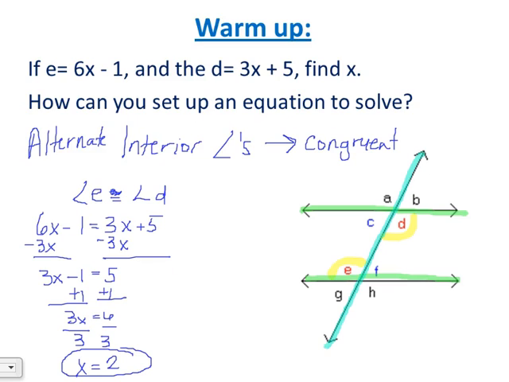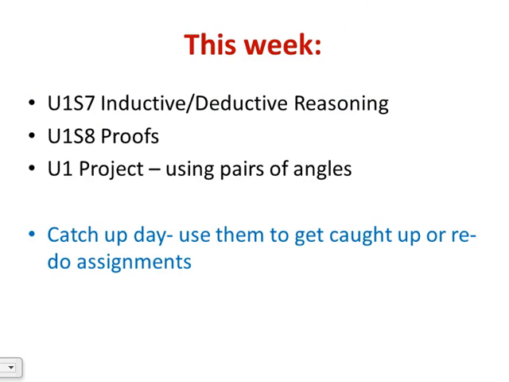All right, so this week I'm going to skip down to one of your assignments, to review the different angle pairs that we learned about in Unit 1 by completing a project where you're going to draw in some roads going north and south and east and west.